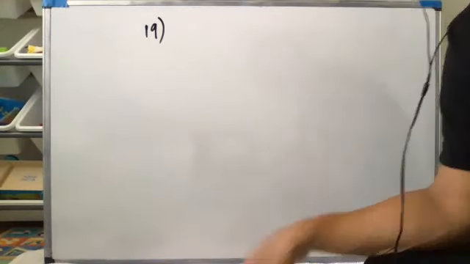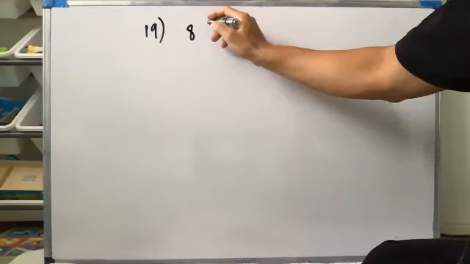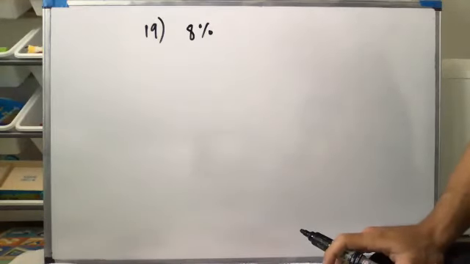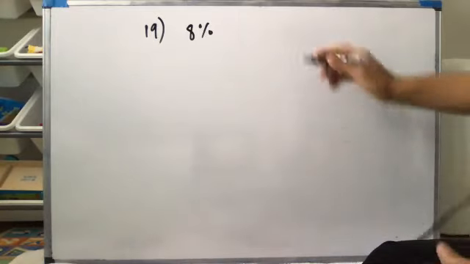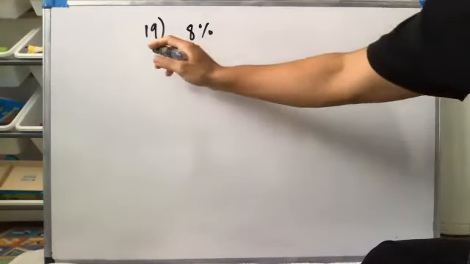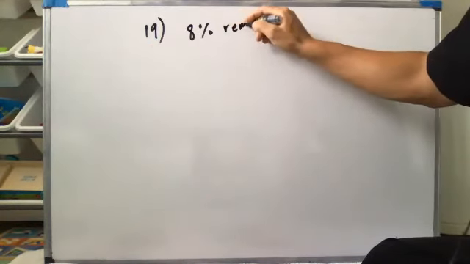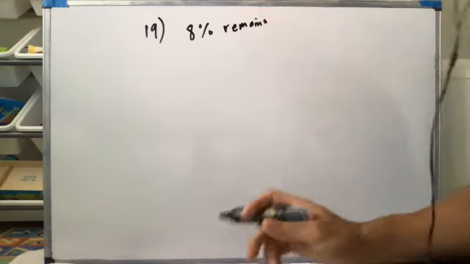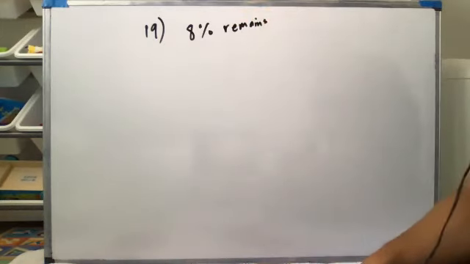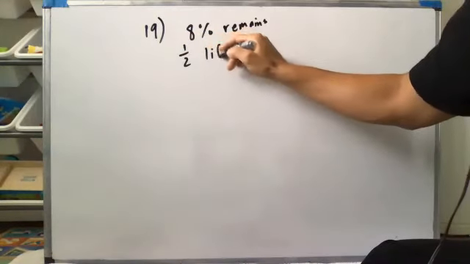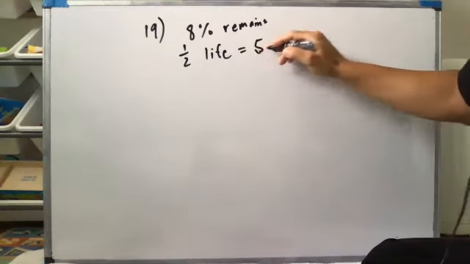Okay. Problem 19 says if only 8% of the carbon 14 in a remnant of cloth decayed, how old is the cloth? And then it says see problem 18. Problem 18 says scientists often can tell the age of something by measuring the amount of carbon 14 it contains. The half-life of carbon 14 is 5,730 years. Harold finds a whalebone while snorkeling.